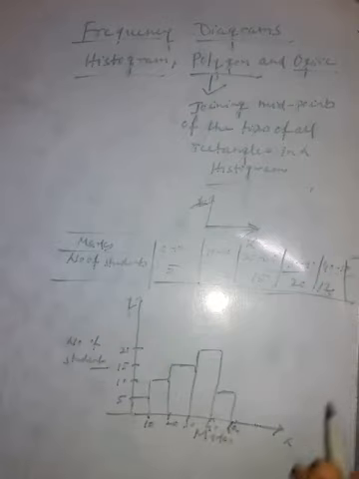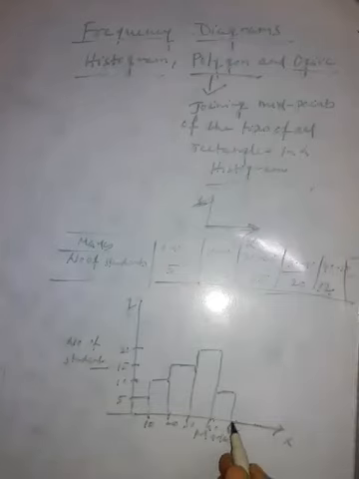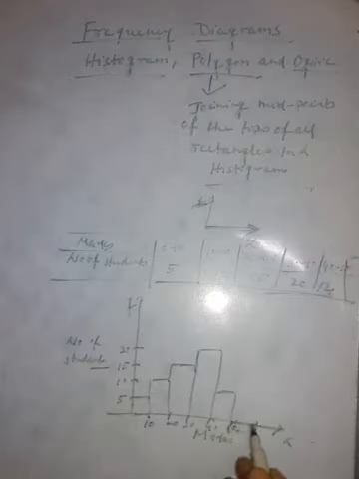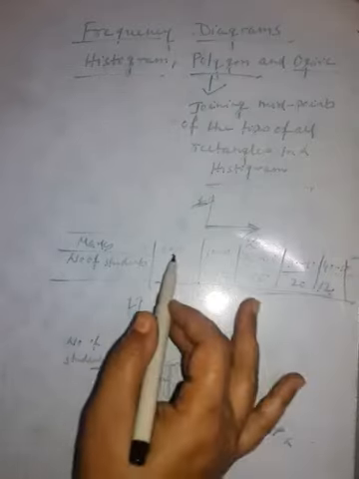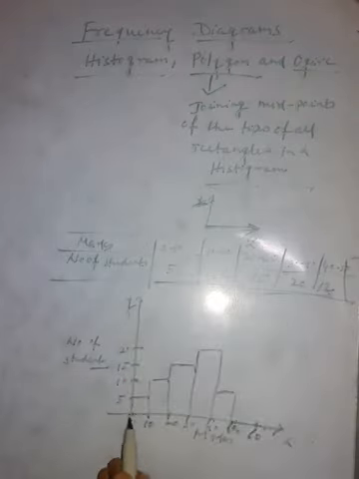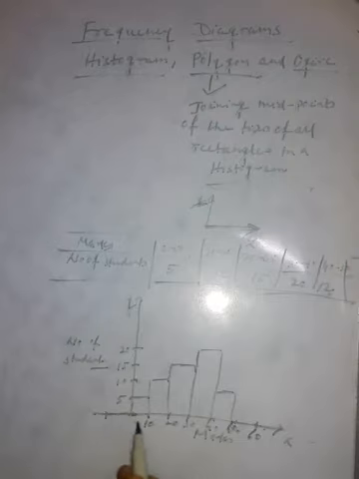The last one is 40 to 50, so we continue with class interval 10, that is 50 to 60. Likewise the first is the 0 to 10 class, so we take one class interval on the negative x-axis, that is minus 10. Here is the 0 axis.